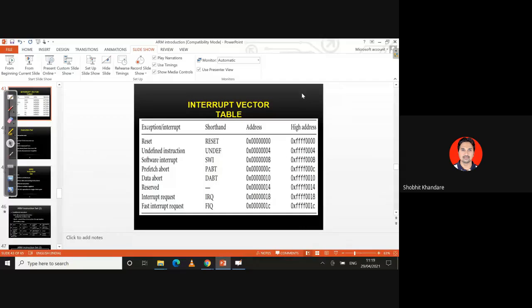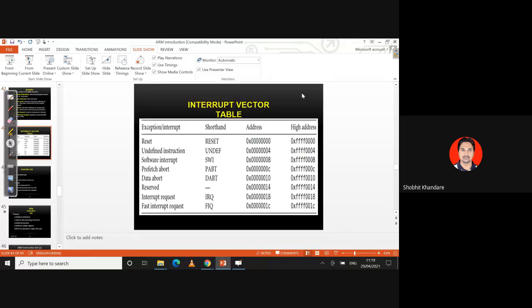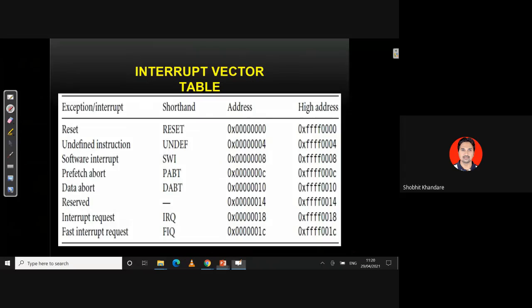So I was talking about this. This is the one, the vector addresses. Whenever you have this particular reset, you go to this vector address. Whenever you have this, you go to this vector address.